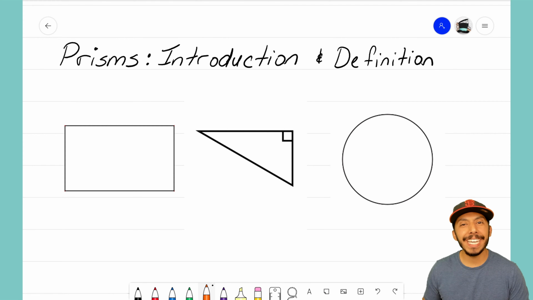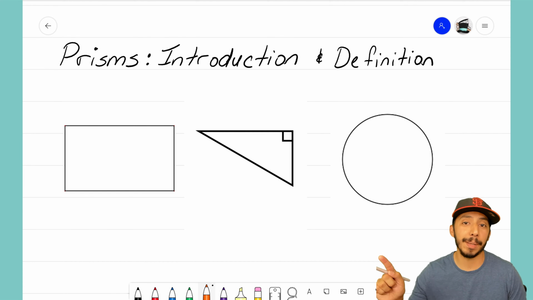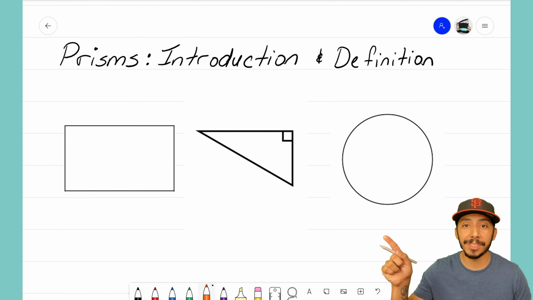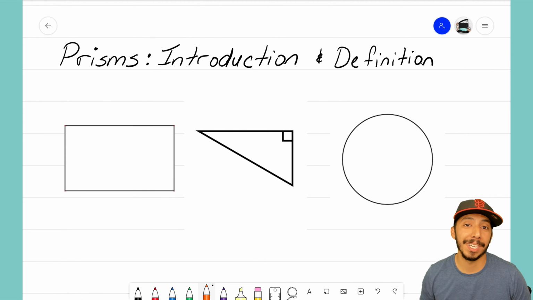Now I'm looking at these shapes here, and I'm realizing that these are shapes. They are not prisms. These right here are two-dimensional shapes. We have a couple of polygons, a rectangle and a triangle, and we have a circle. Now these are not prisms, but this is a great foundation for us to think about what makes a figure a prism.